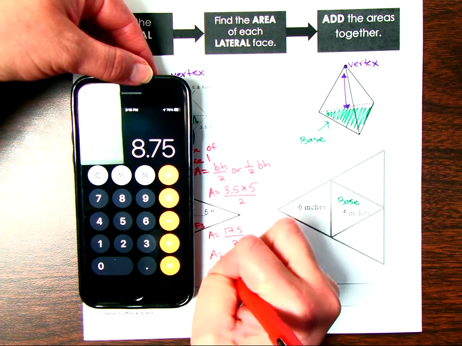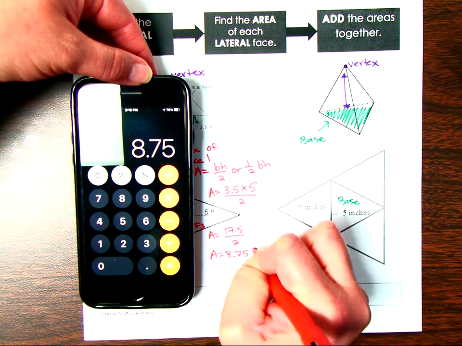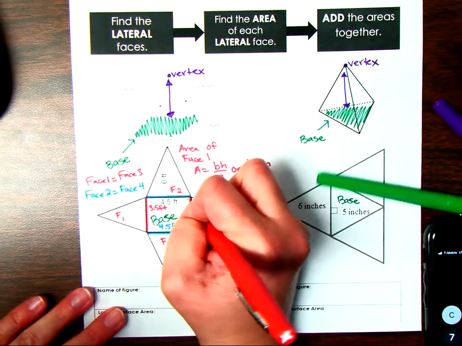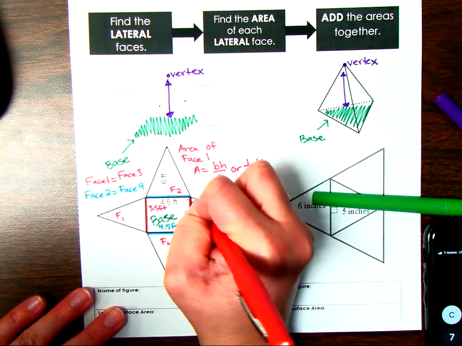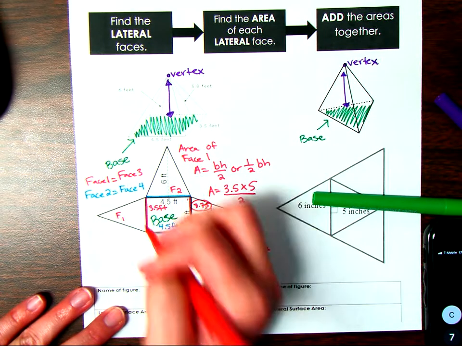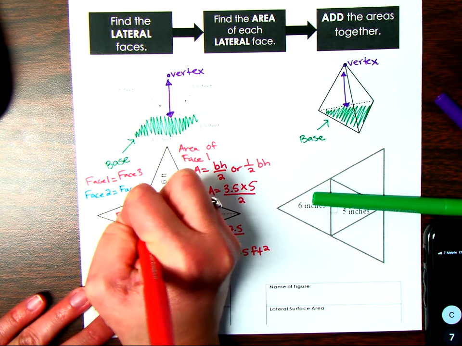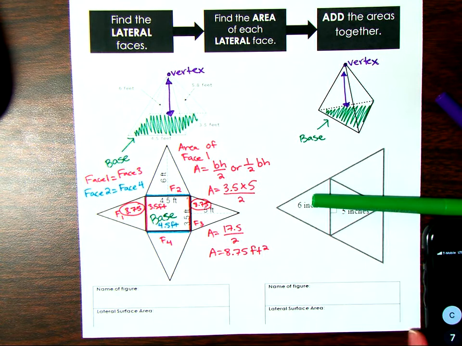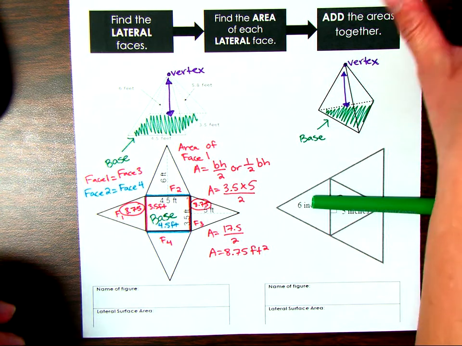You're going to get 8.75 square feet. I'm going to put 8.75 and circle it to say that's the area of that triangle. That's also the area of this triangle right here. So face 1 and face 3 are congruent triangles.